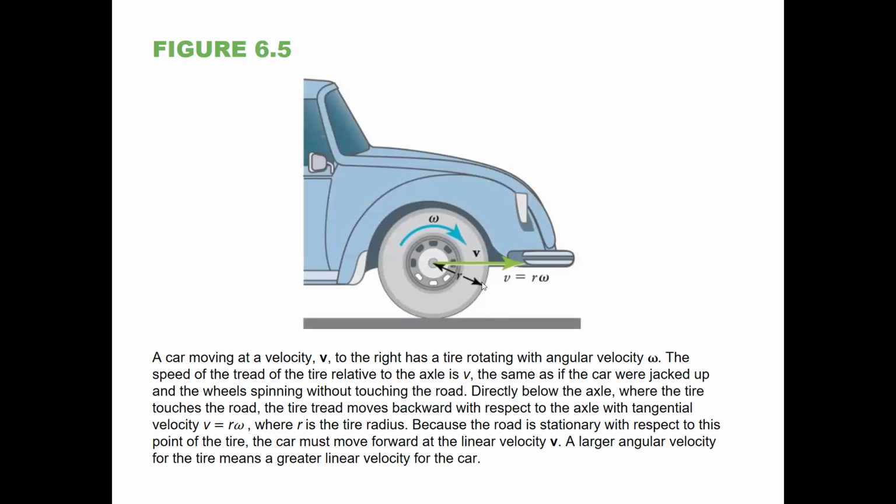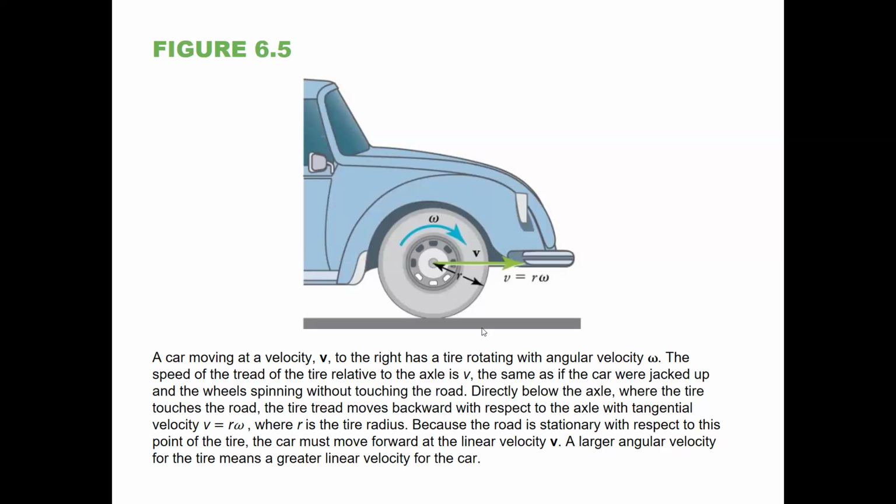If I need to know the tangential velocity of my wheel, I have to multiply the radius, which is the distance from the center of my circle to where the point is, by omega. And usually we ask for omega, the rate at which the tire is spinning, and we divide the velocity by the radius, and that will give us omega.